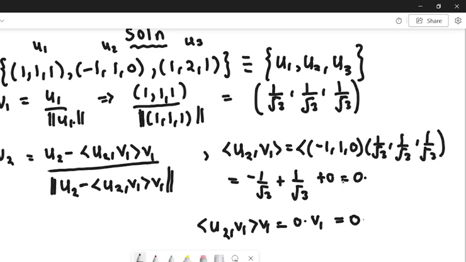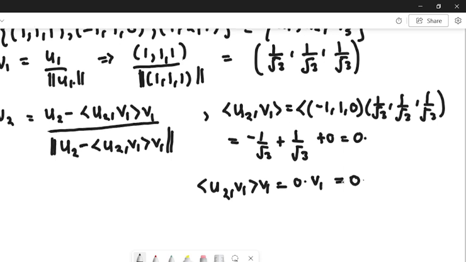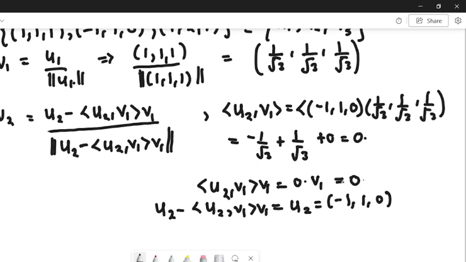And you know we have a subtraction here, so U2 minus this will just give us U2, and U2 is (negative 1, 1, 0).